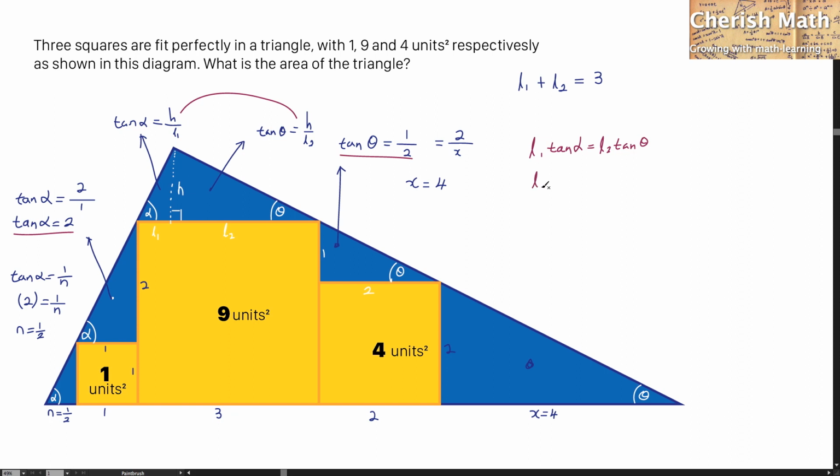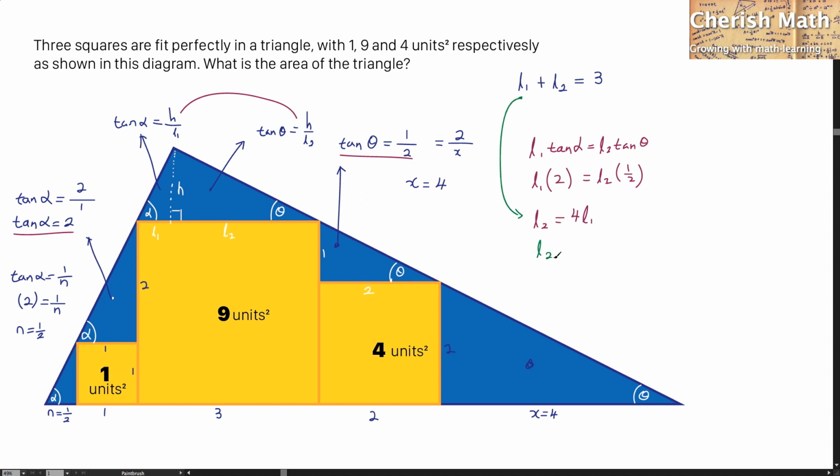So that's going to be L1 times 2 equals L2 times 1/2. And L2 is equal to 4L1. I'm going to substitute this equation into the other equation for the value of L1.